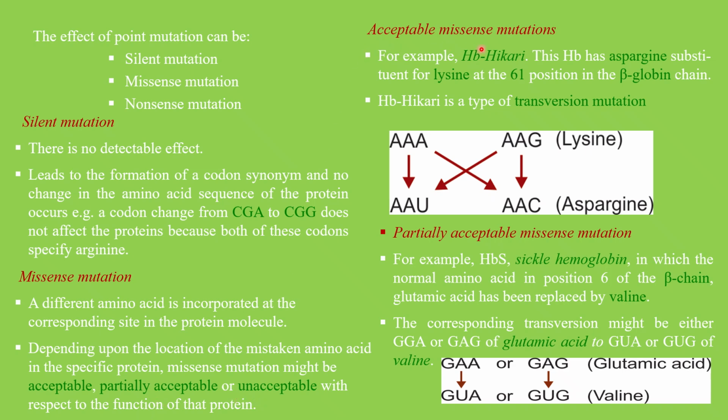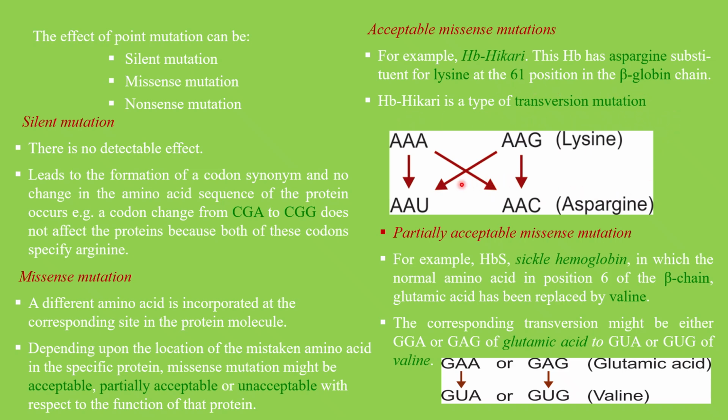So let's see acceptable missense mutation. For example, hemoglobin Hikari. What is this type? This hemoglobin has asparagine substituted for lysine at the 61 position in the beta globin chain. This HB Hikari is a type of transversion mutation.